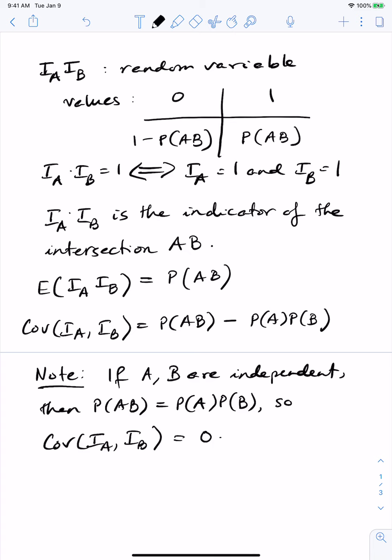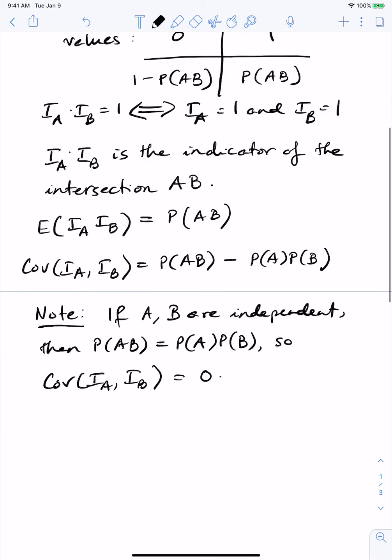So this is a special case of a result that you've seen, which says that if any two random variables X and Y are independent, then they are uncorrelated. In our situation, this leads to a conclusion about events that are not independent.